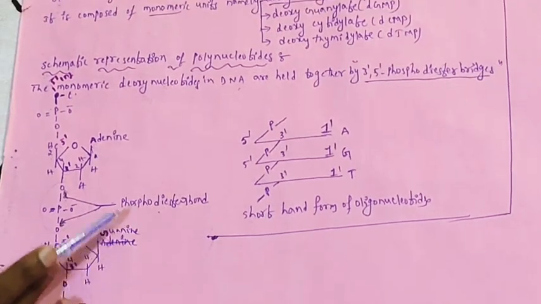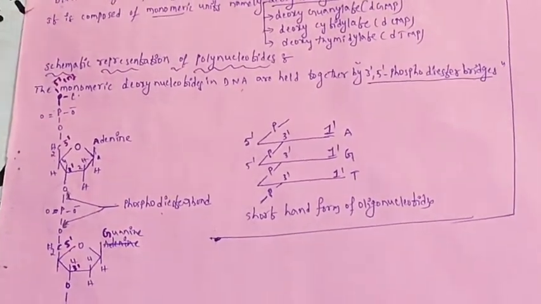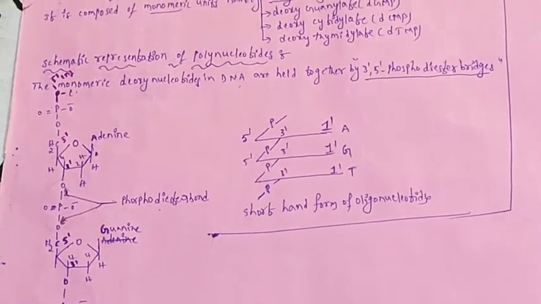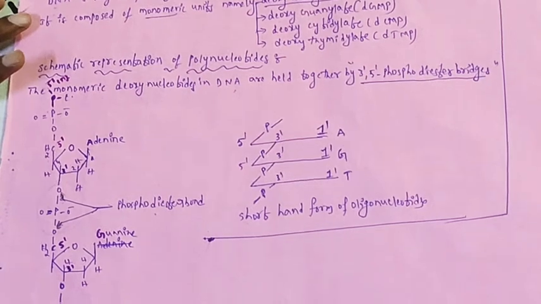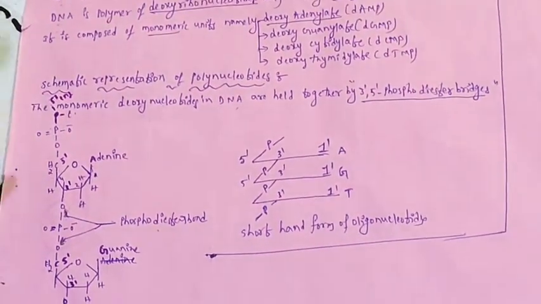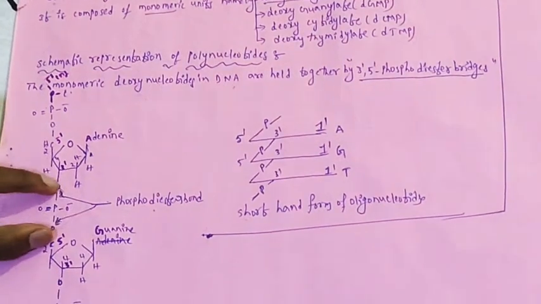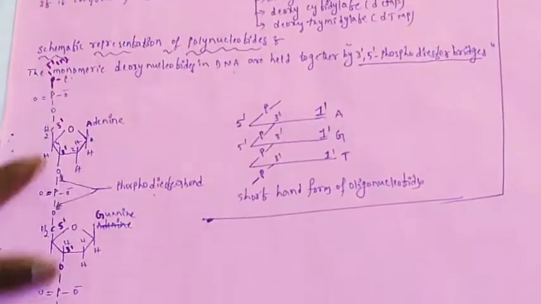That's why they are phosphodiester bridges. Diester bridges are formed between two carbon atoms of two different molecules connected through phosphate. That is known as diester. These are phosphodiester bonds. Likewise these two are connected with each other.